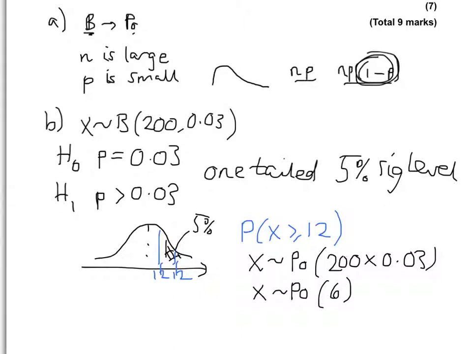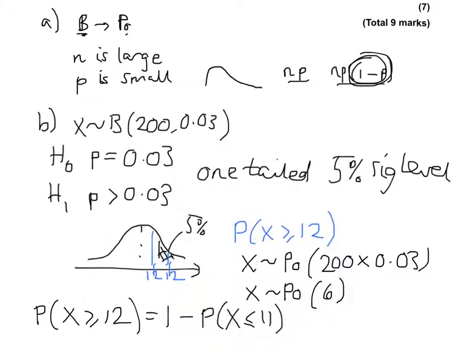Right, I now need to use my tables to look this up. I need to look up P of x being greater than or equal to 12 in my Poisson tables when lambda is 6. I can't look up greater than or equal to in my tables. I can look up less than though. So I'm going to find the equivalent using less than, which is going to be 1 minus the probability of x being less than or equal to 11.